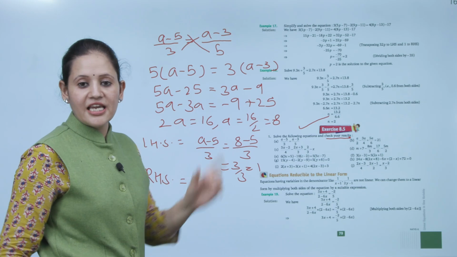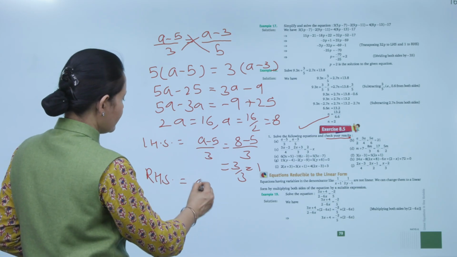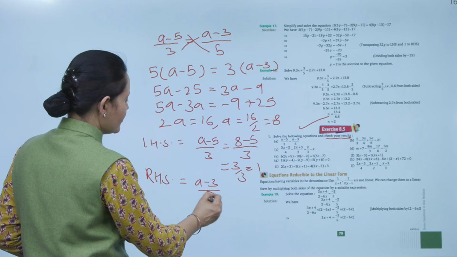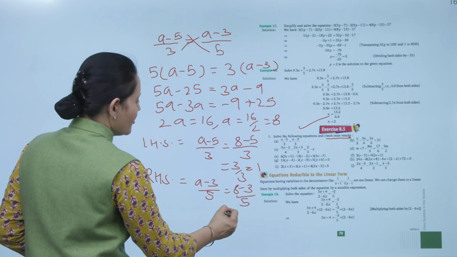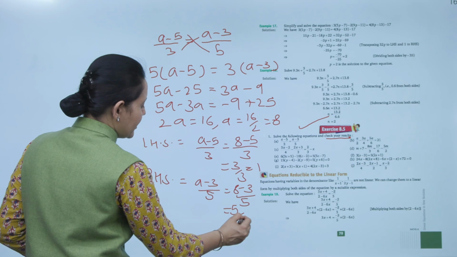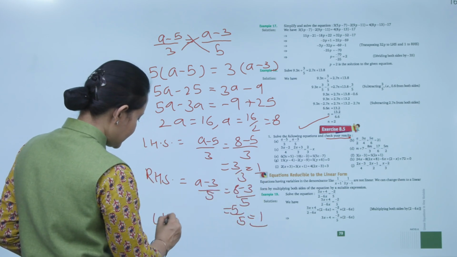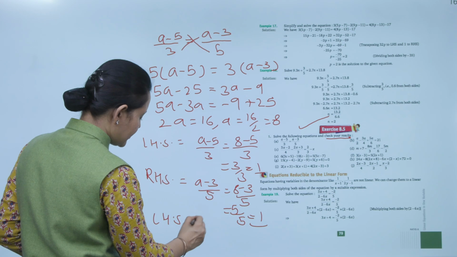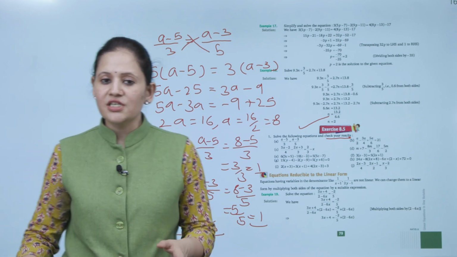Right hand side is (a minus 3) upon 5. So (8 minus 3) upon 5, that is 5 upon 5, that is 1. So LHS equals RHS. That means our solution is correct.